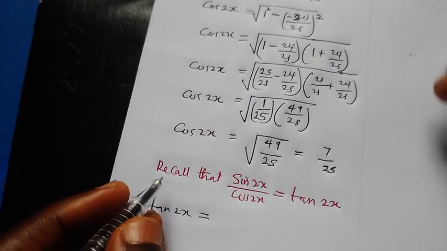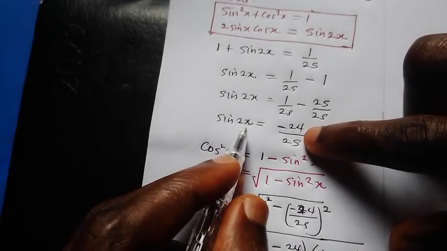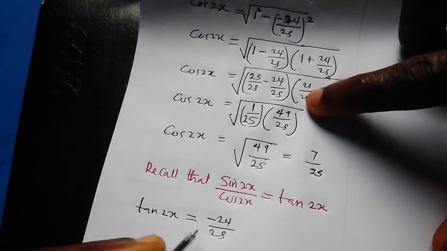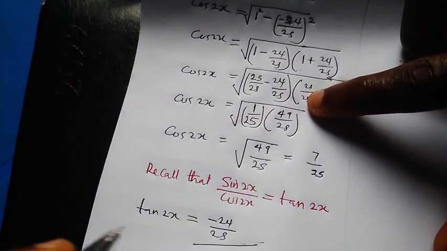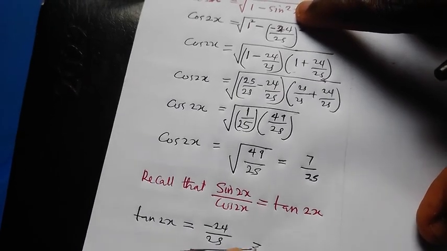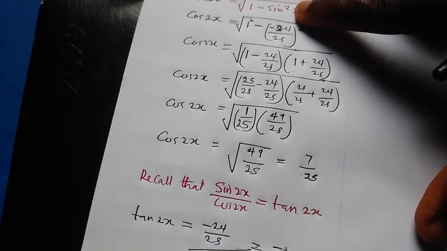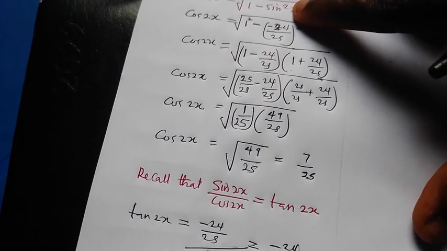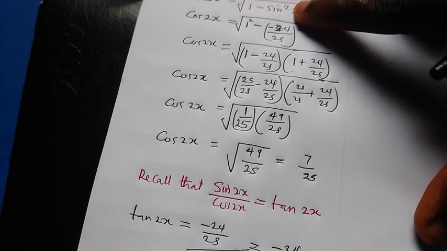We have already gotten the value of sin 2x up here as negative 24 over 25, all divided by our cos 2x, which is 7 over 25, meaning that tan 2x is simply minus 24 over 7.